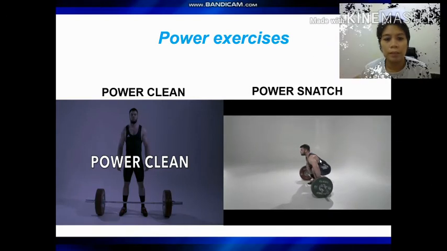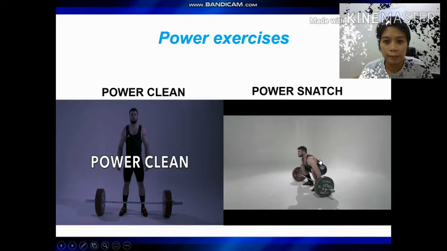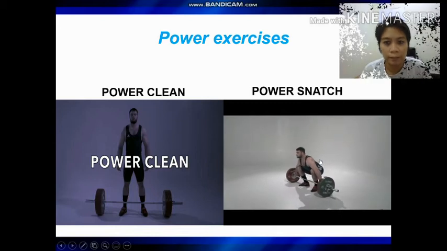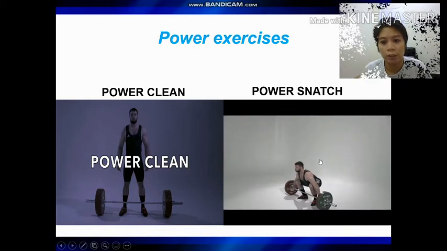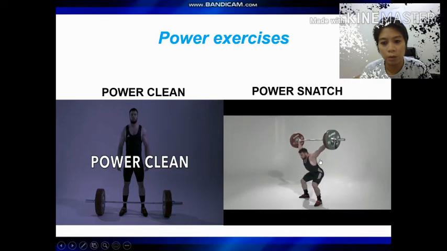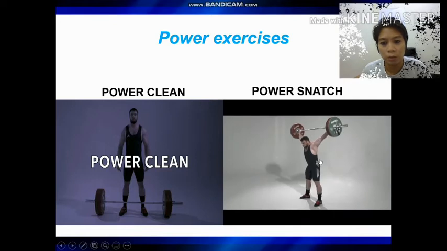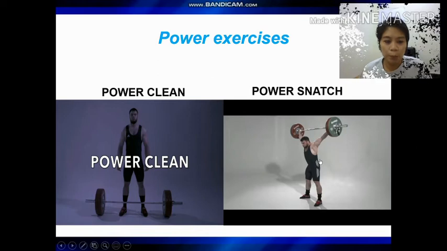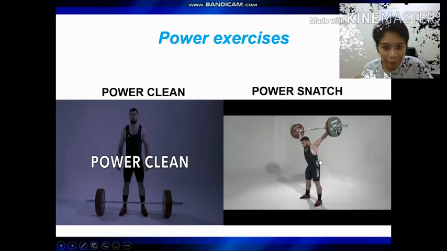So the second power exercise is power snatch. So take a look. Okay, so these two are some of the power exercises that I can show you in video.